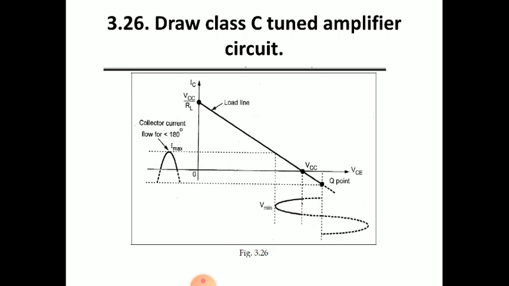Next we have gone to the class C operation, the class C tuned amplifier circuit, where class C means the conduction angle theta of the circuit is less than 180 degrees. We have chosen the Q point below the VC axis, but on the load line itself.